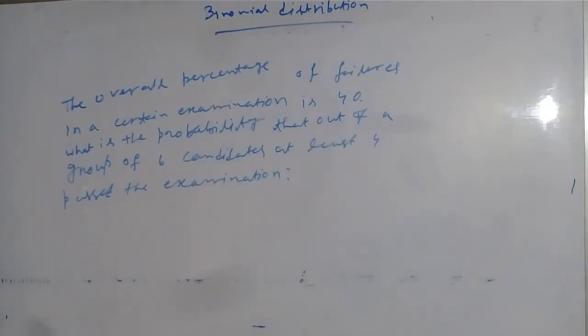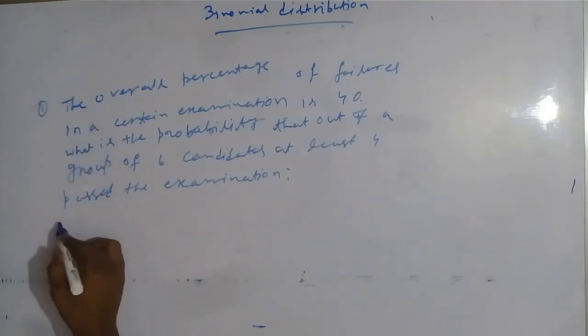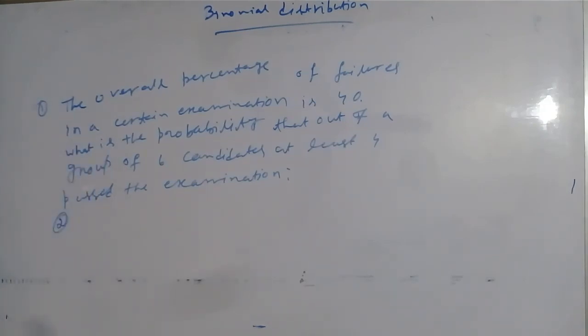Okay, so I am dictating once. The overall percentage of failures in a certain examination is 40. What is the probability that out of a group of 6 candidates, at least 4 pass the examination? This is one, and I am giving another assignment.